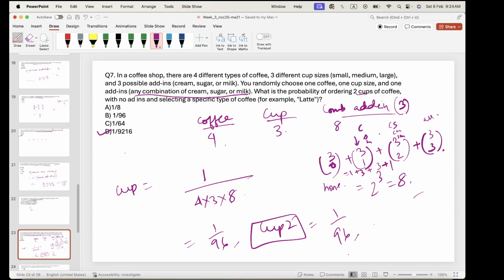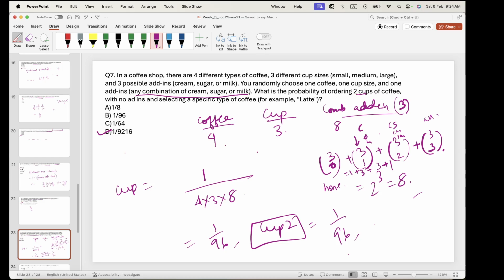So all possible types of coffee could be 8 different choices of combinations, 3 different choices of cups, and 4 different choices of coffee. Out of that, I'm selecting just one specific type of coffee. One of these combinations I'm selecting.